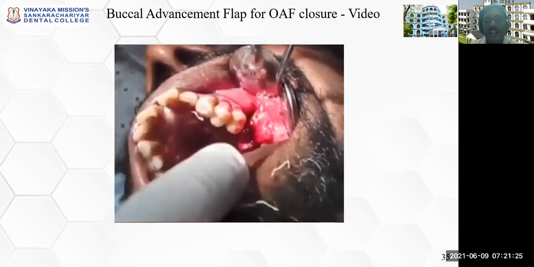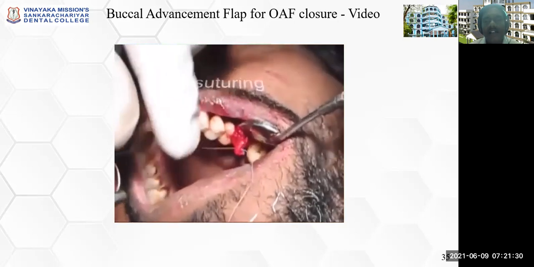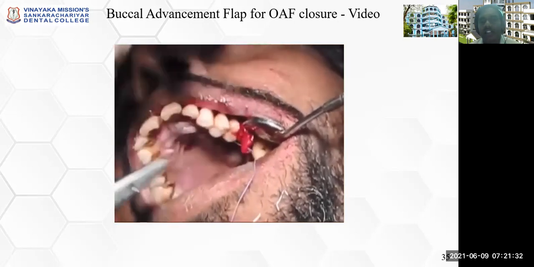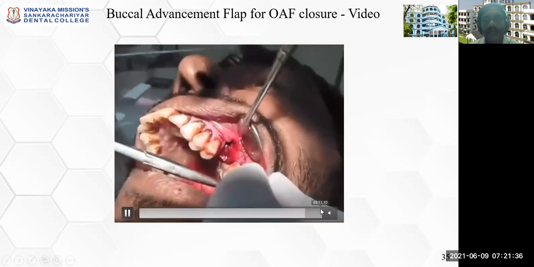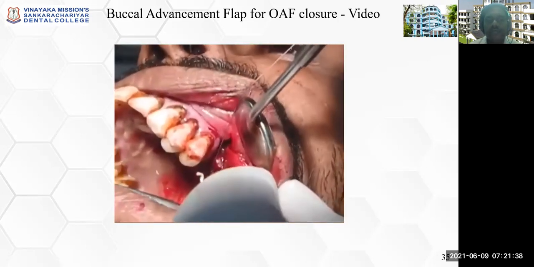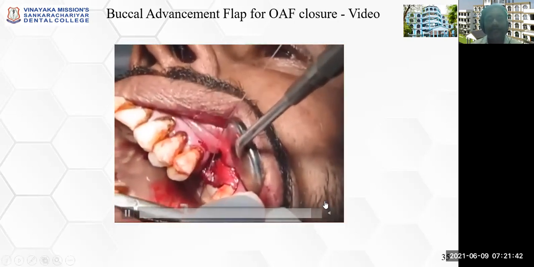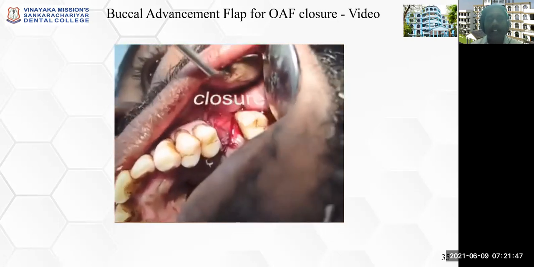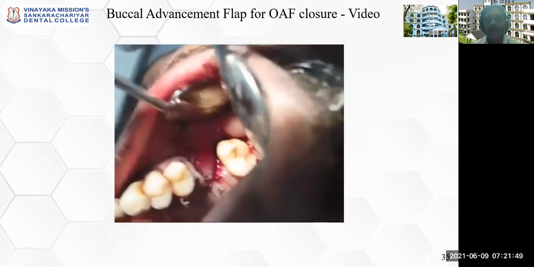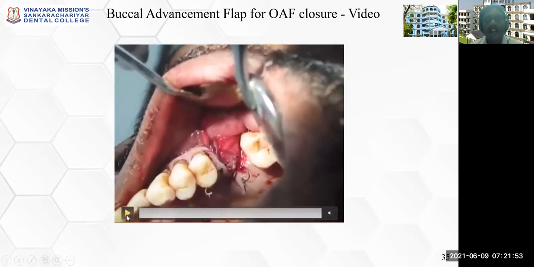Now you can go for suturing. You can suture that advanced buccal flap on the fistulous region. So you can see that complete closure there, which will be followed by post-operative medication and instructions.